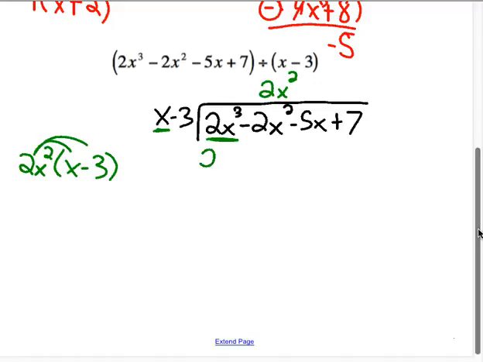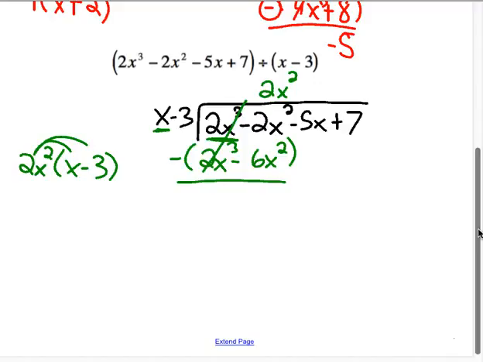Okay, so I'm going to multiply that into the x minus 3. That's going to give me 2x cubed minus 6x squared. And now, of course, let's see how close we got. 2x cubed minus 2x cubed cancels off, just like we know it should.